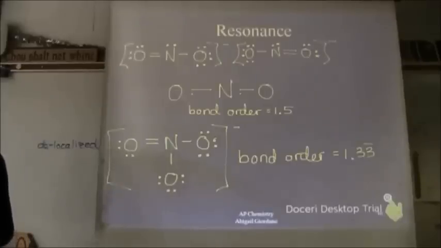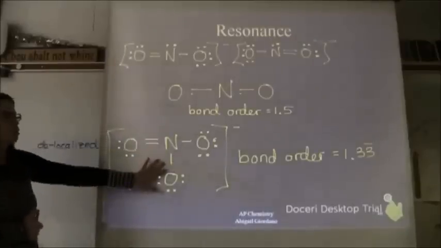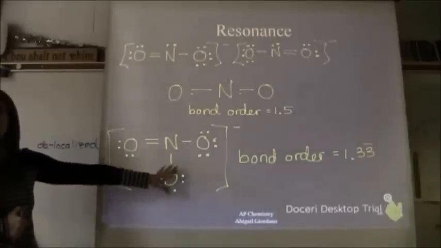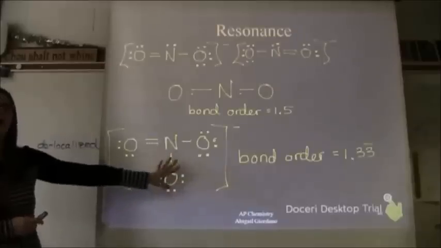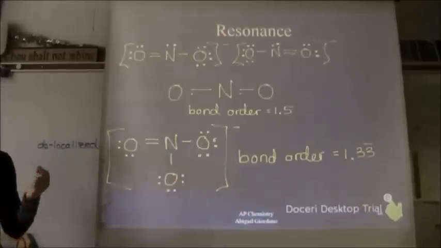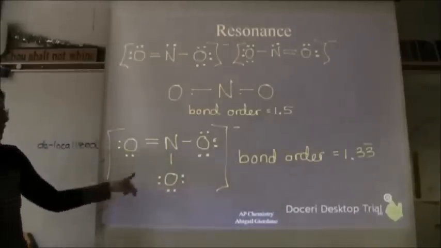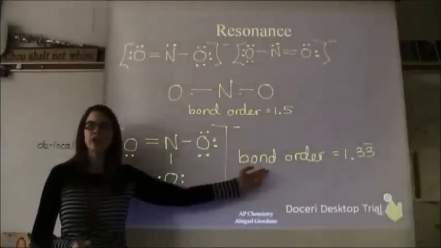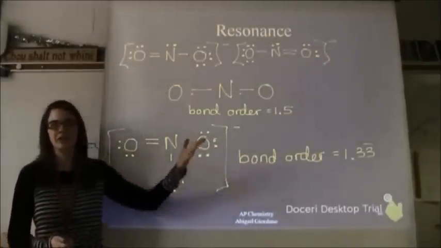Weaker. Nitrite or nitrate? Nitrate. Weaker bond strength. Remember, single bonds are weaker than double. This guy's closer to the characteristics of a single bond than the double.